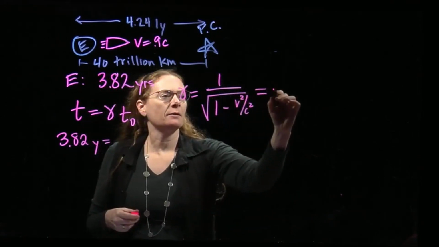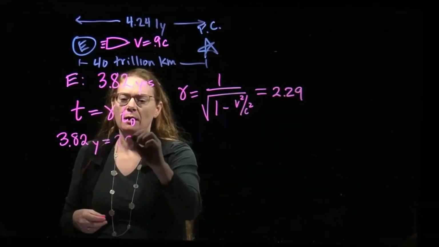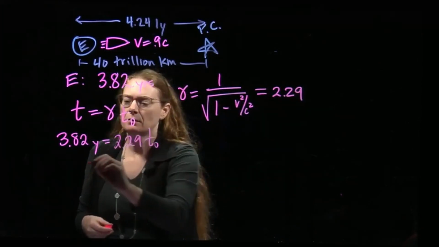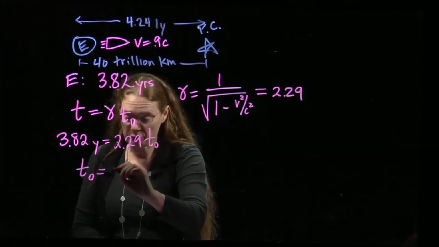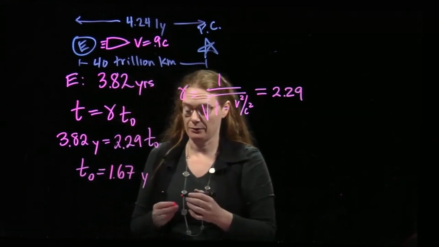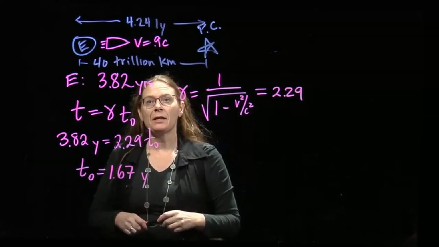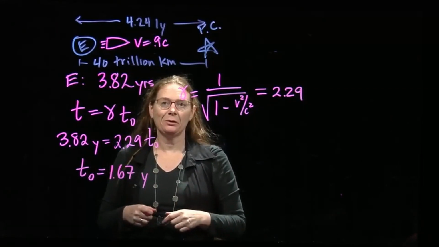If we calculate it in this case, gamma is 2.29, so 3.82 years equals 2.29 t naught. What do we get for t naught then? If you calculate it out, for a person in the rocket ship, it's 1.67 years. Not bad, huh? Takes light 4.24 years. Person in the rocket ship, a year and two thirds.